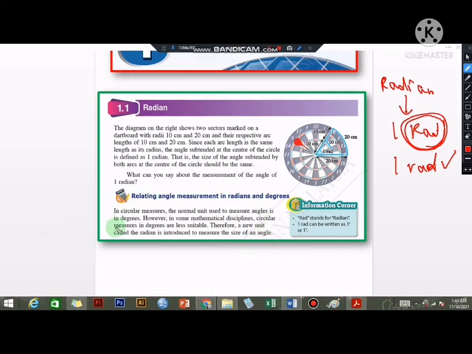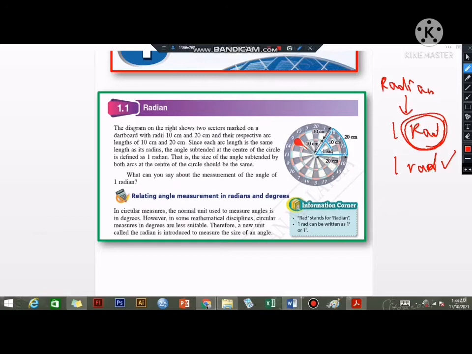If you want to know further information regarding why we use the unit radian instead of degree, you just need to type in YouTube, so why? Okay, find out on your own. Some scientists discovered a new unit called the radian to measure the size of angle, because radian is more suitable than degree in measuring the circular measure.